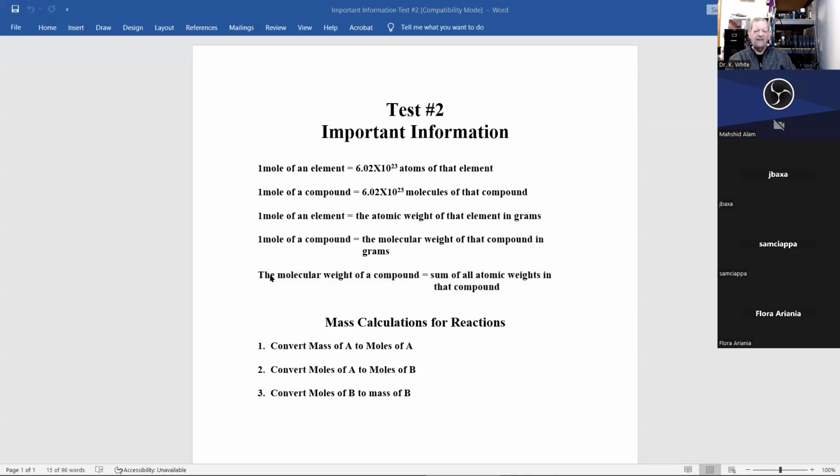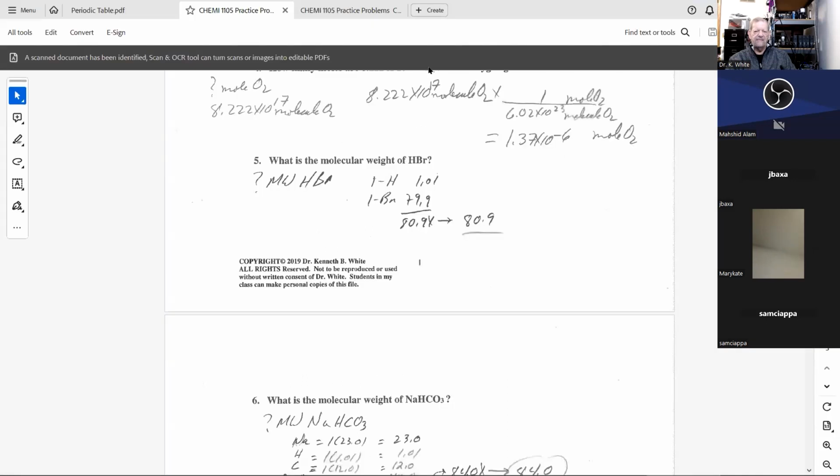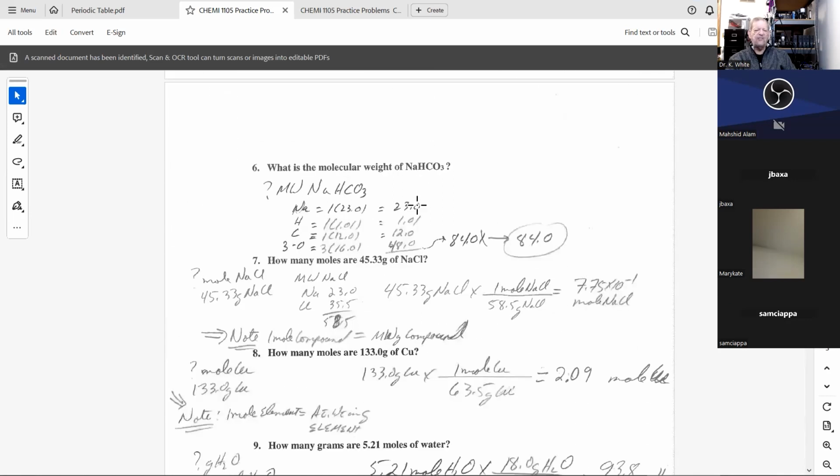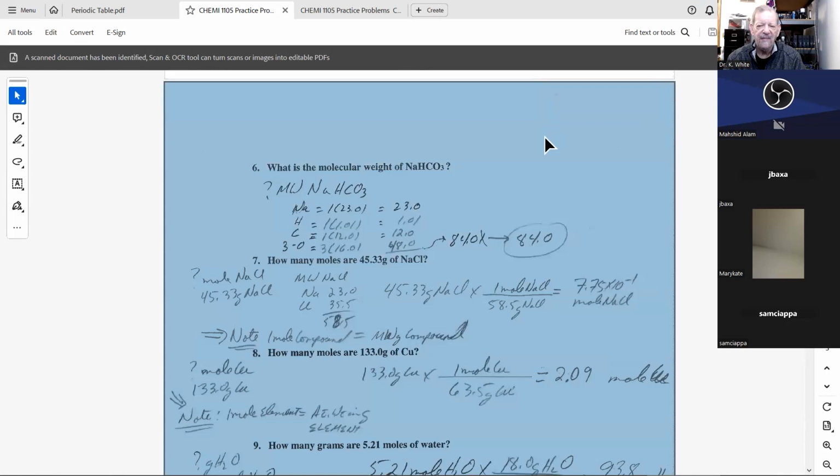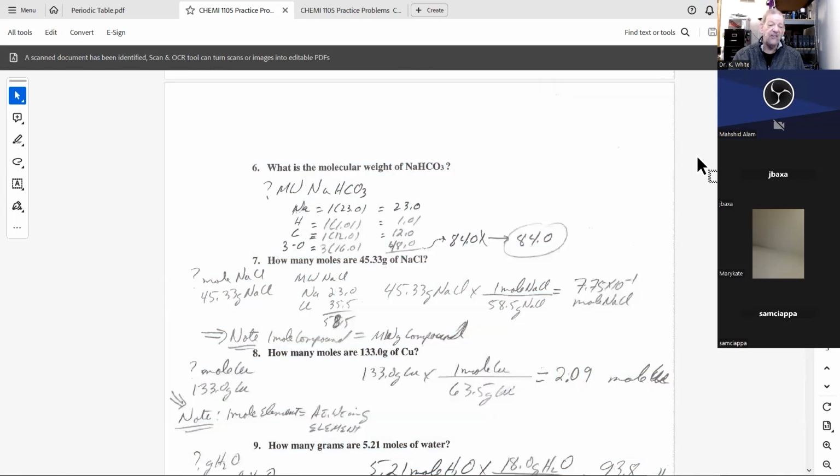The molecular weight is the sum of all atomic weights. So if I were to ask you, what's the molecular weight of NaHCO3? By the way, this is sodium bicarbonate right here, and that's also known as baking soda. And what's this molecular weight?